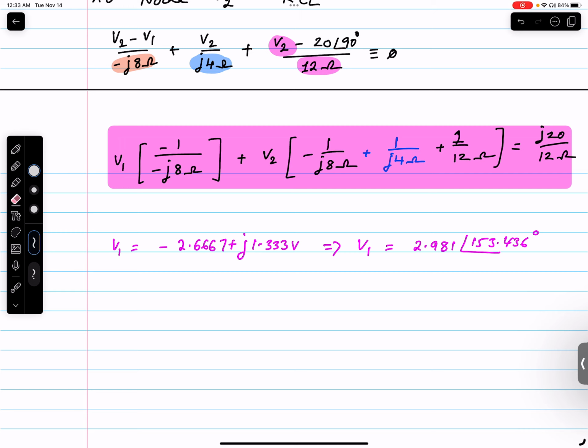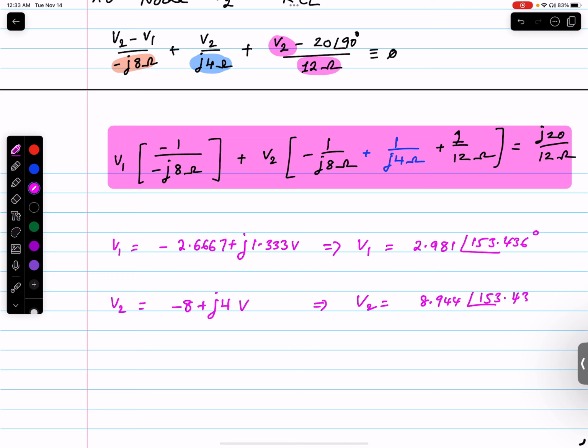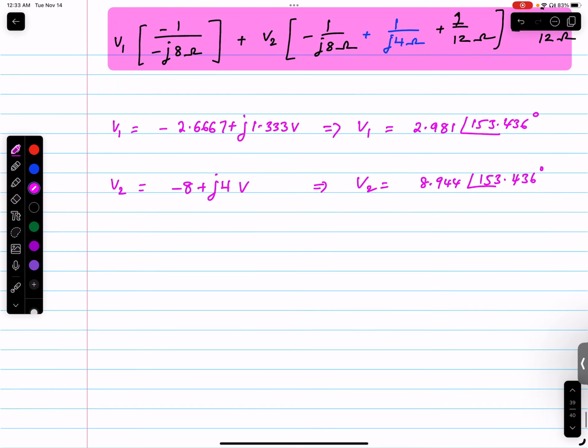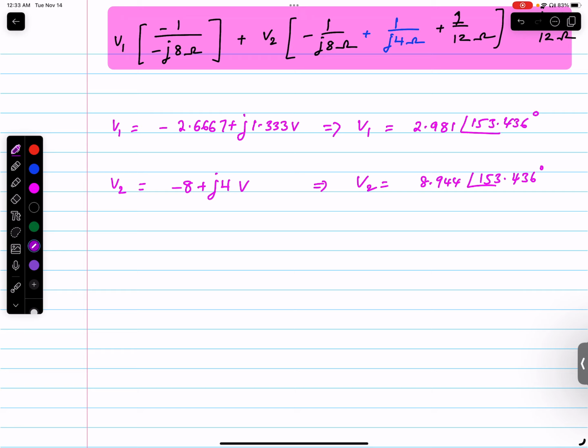Similarly, V2 will come out to be, if you throw this in MATLAB, negative 8 plus J4 volts, which is the same as saying in polar form 8.944 angle 153.436 degrees. Now we should be able to calculate Vg, right?